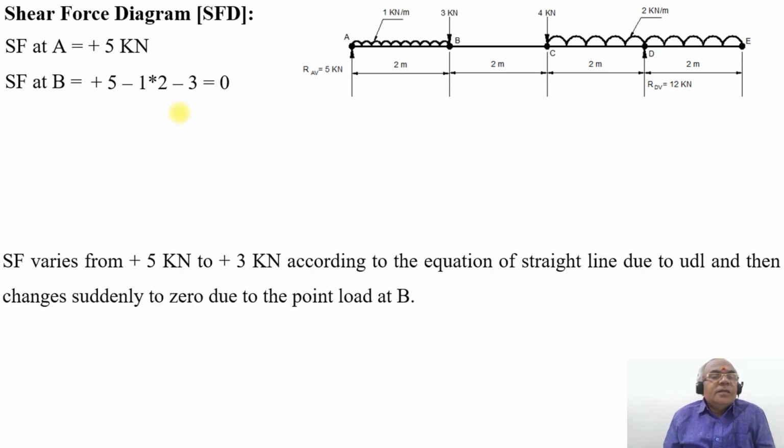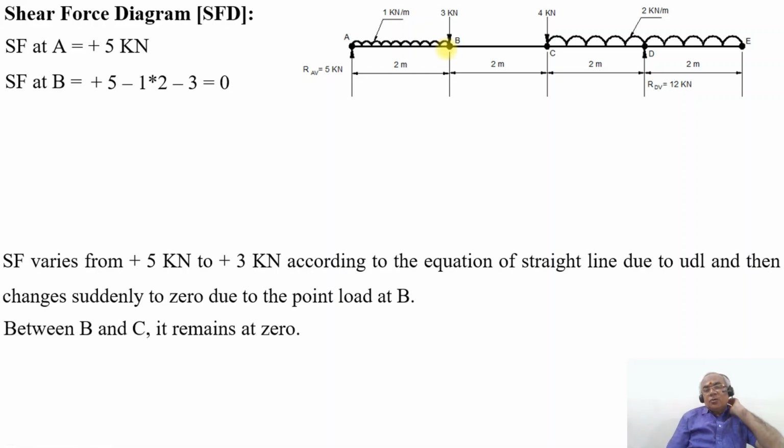So SF varies from plus 5 kilonewton to plus 3 kilonewton because of the UDL, following the equation of a straight line, W into X. Then it suddenly reduces to 0 because of the point load at B.